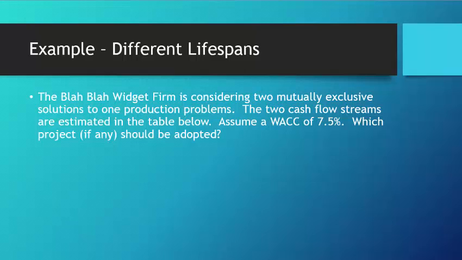So the two cash flow streams are estimated in the table below. Assume a weighted average cost of capital of 7.5%. Which project, if any, should be adopted? And I say if any because if they're negative, then the answer is neither of the above. So if they both turn out positive, then I'm going to have to figure out whether it's project A or project B. Now notice project A goes for 3 years. Project B goes for 6 years.